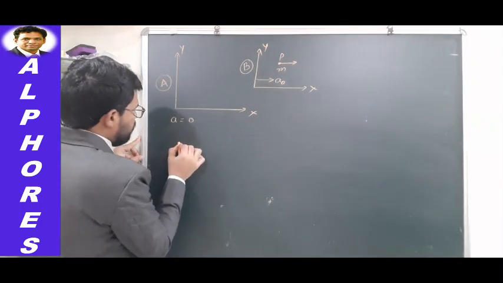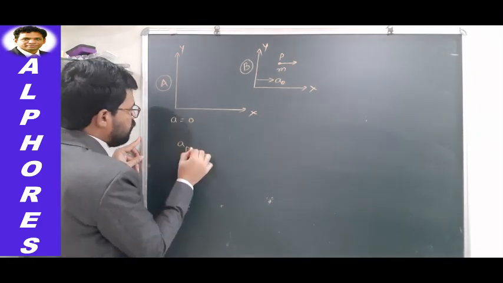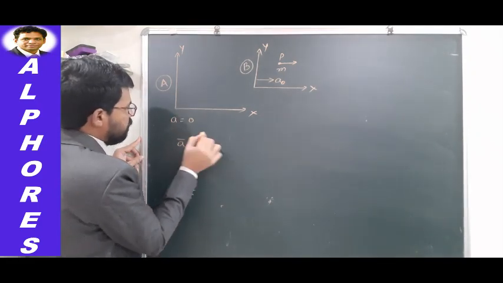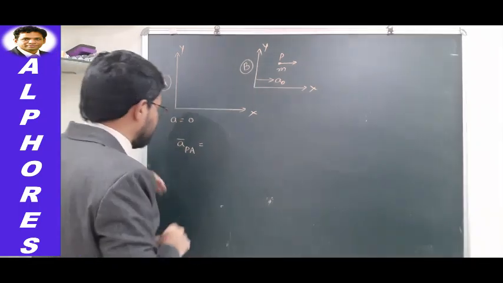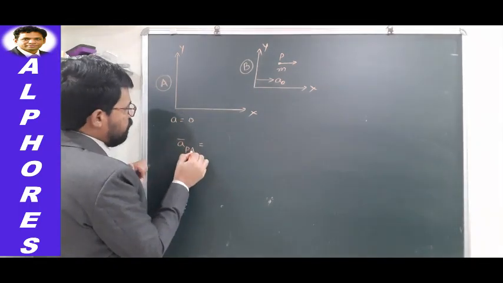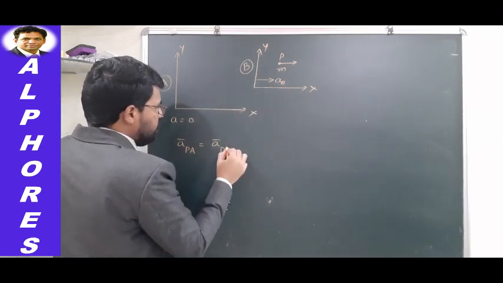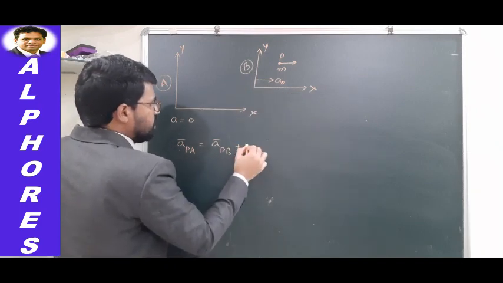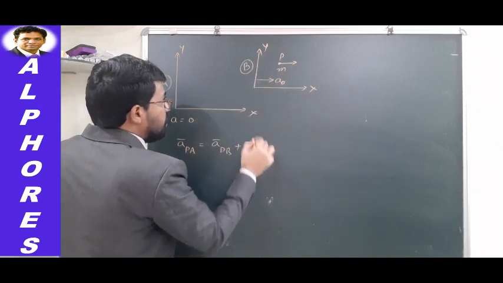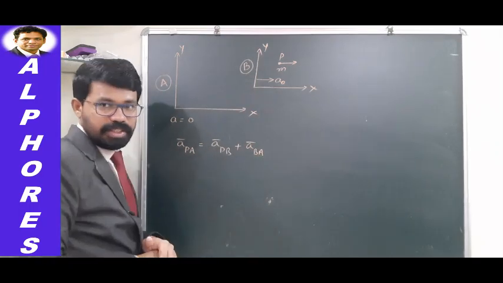So I'm going to talk about the acceleration of the particle with respect to frame of reference A. Using relative motion knowledge, how can this be written? Acceleration of P with respect to A is equal to acceleration of P with respect to B plus, and this B is also undergoing accelerated motion, isn't it? So acceleration of frame of reference B with respect to A.